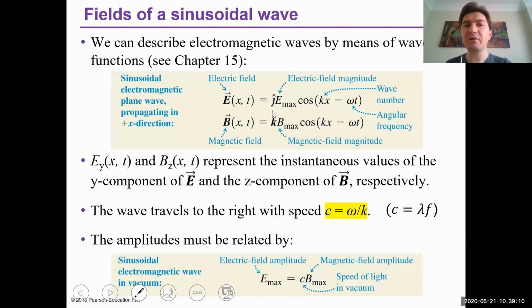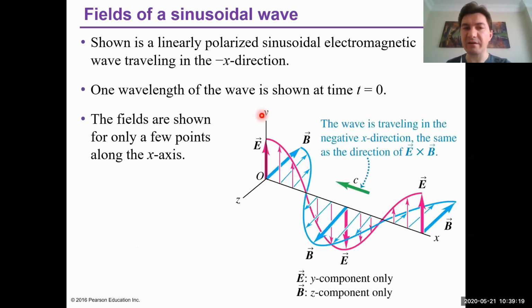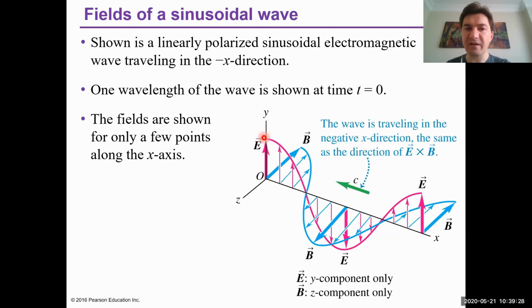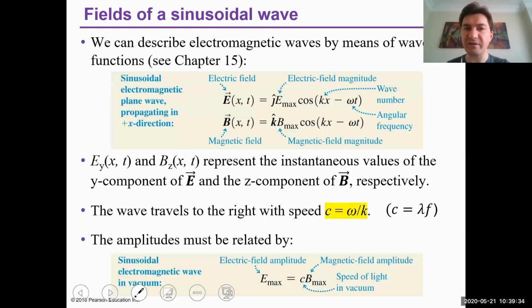Now let's write this. j is the unit vector along the y direction, and then E max is the maximum value of the electric field, times cosine(kx minus omega t).